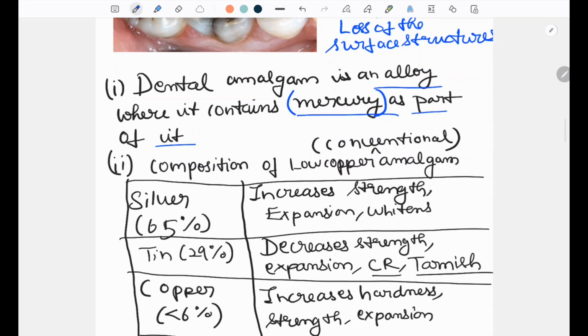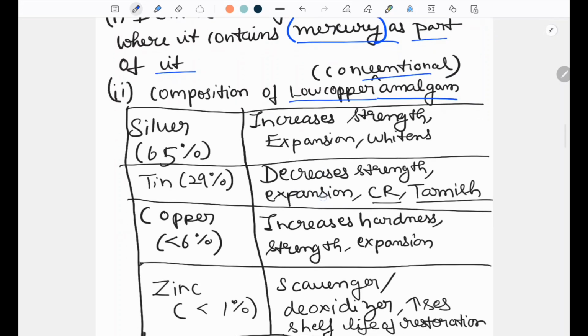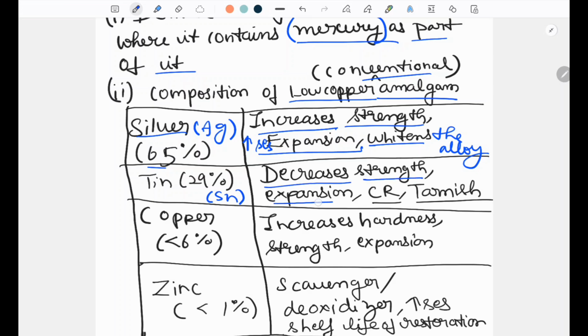Composition of conventional, or low copper amalgam: silver 65 percentage. It increases the strength of the restoration, it increases the expansion, and it whitens the alloy. Tin decreases the expansion and strength, it just compensates silver, as the strength and expansion should not be very high, so tin limits it.